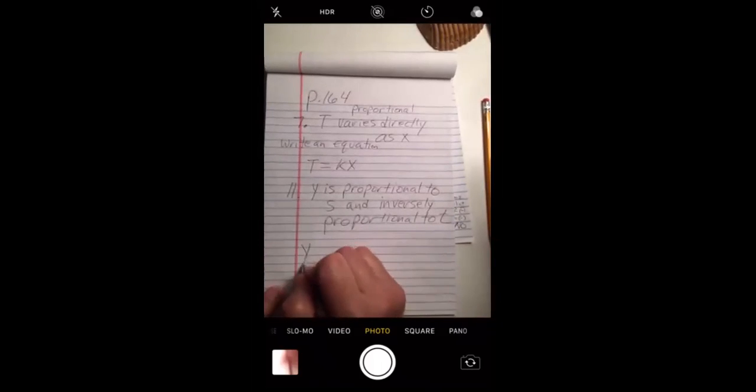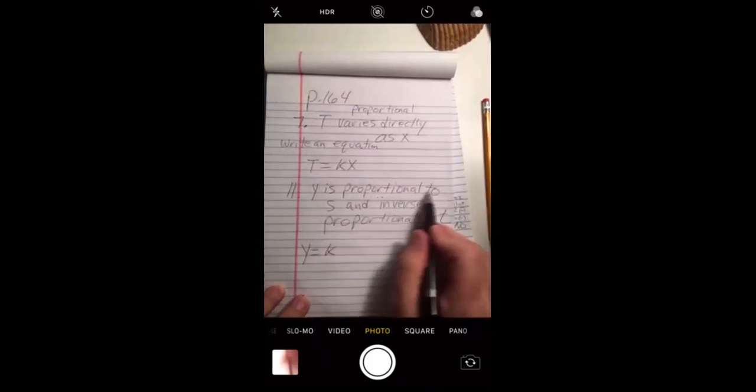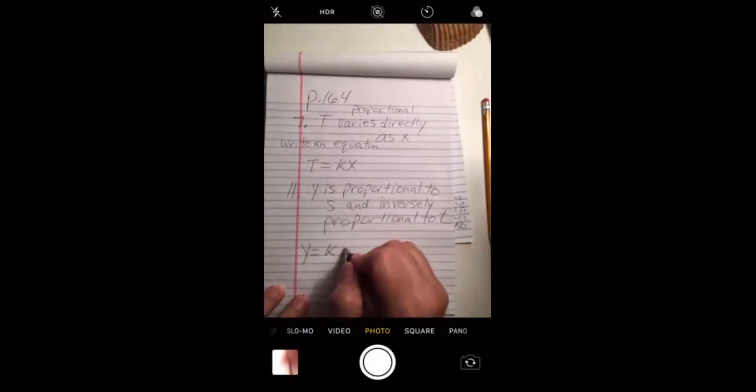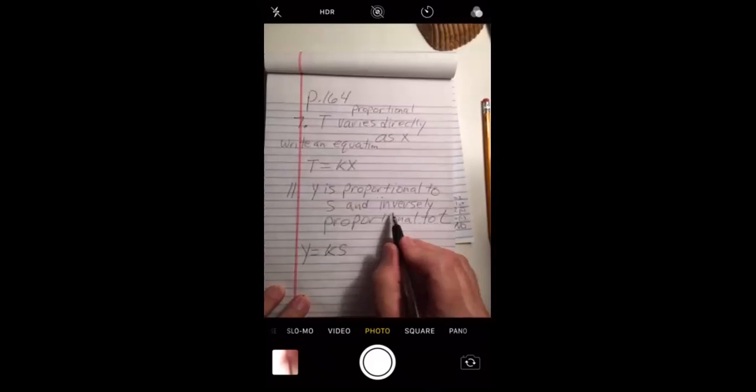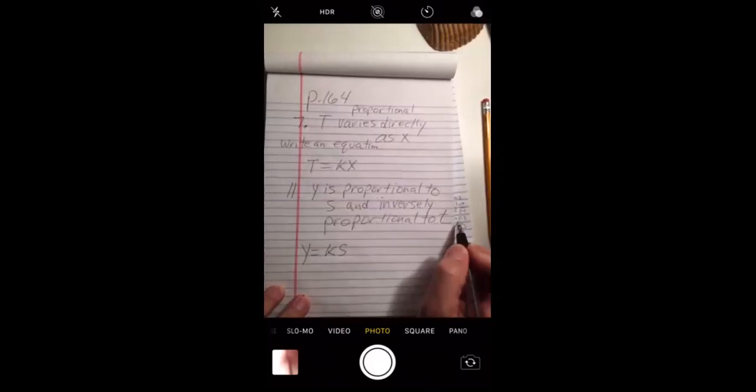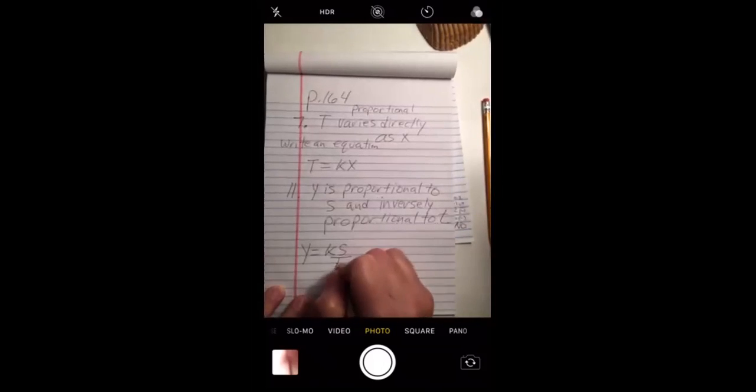You start off y equals k. Proportional works just like direct, so the s would stay on top. Inversely, the only letter after inversely is t, goes on bottom.